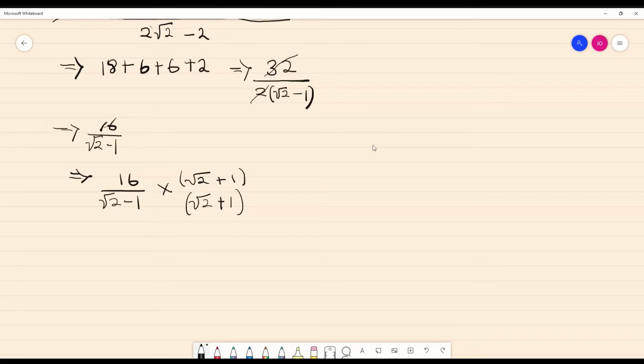So let us see what we can do to this. We multiply all the values of the numerator and that of the denominator. So we're going to have 16 root 2 plus 1.